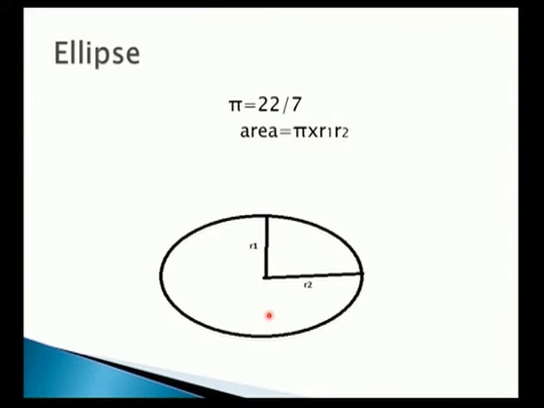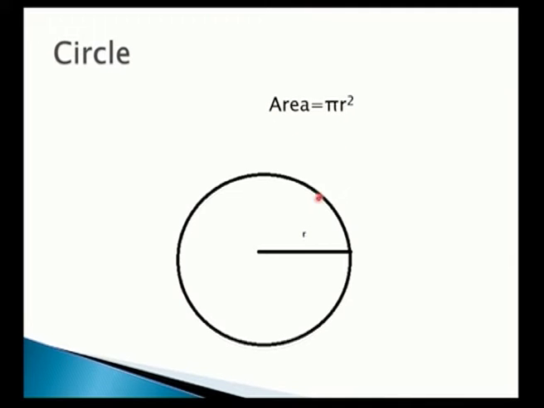So, here the radius of the major axis is denoted as r2, then the minor axis radius is denoted as r1. So, the area of the ellipse can be computed using the formula pi into r1 into r2, whereas in a circle this is equal to pi r square, because in a circle the radius is only 1, then the radius is equal.